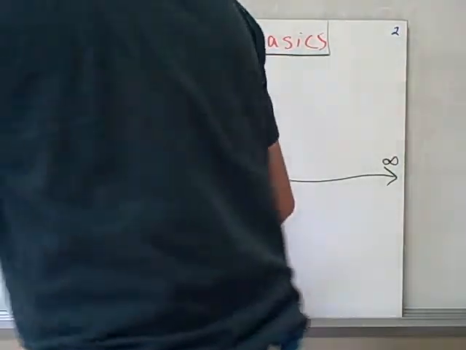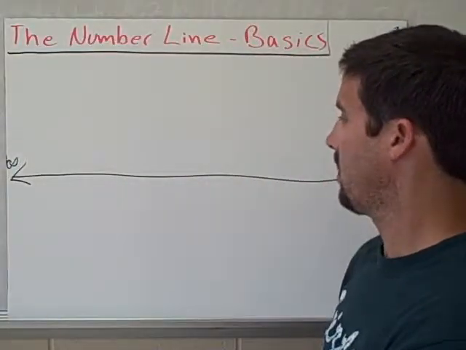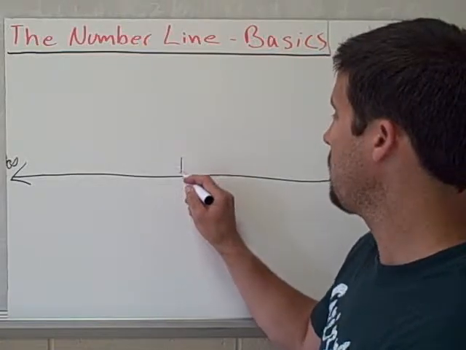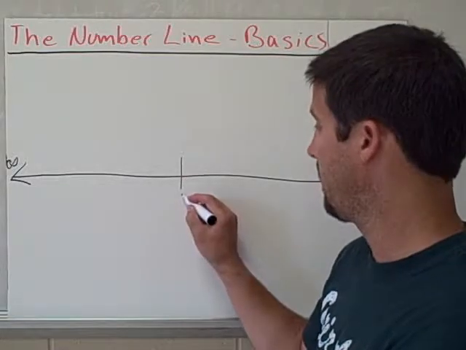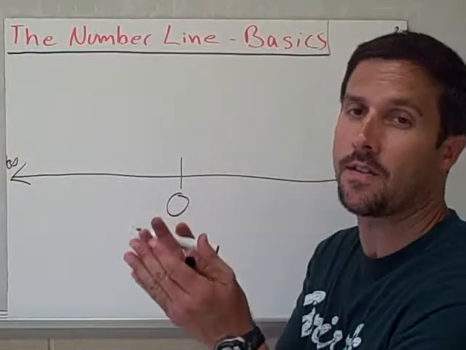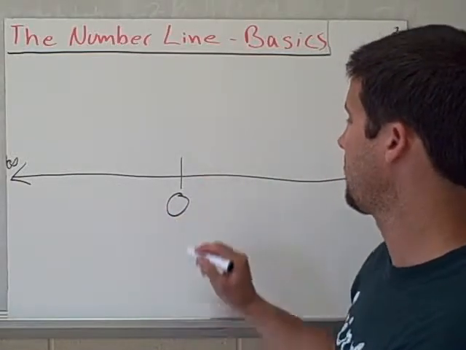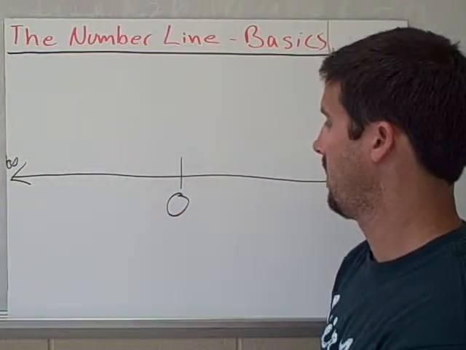Now, the most important part is that we just draw what we can see. So I just want to show you, usually in the middle of the number line is another line that represents a big fat 0, the center of it. And all numbers that go on this number line either go to the right or to the left.